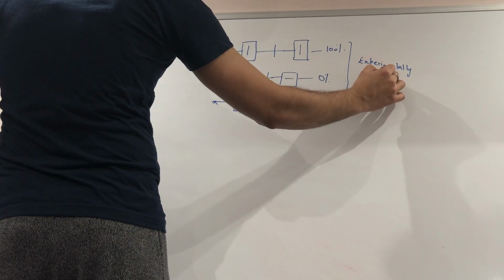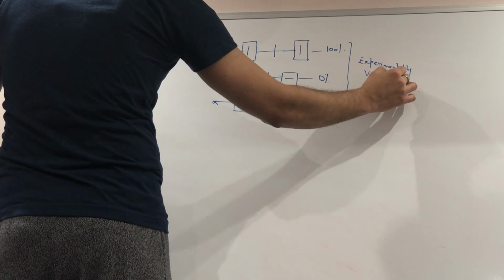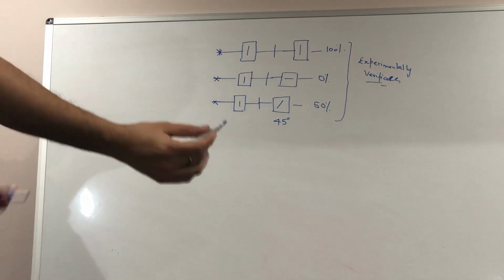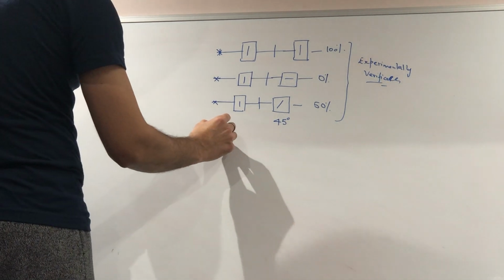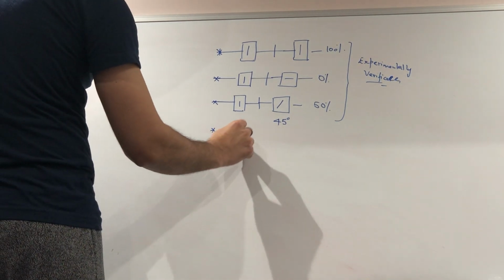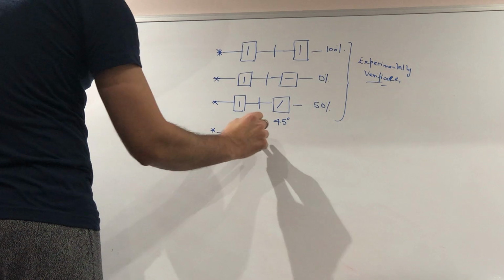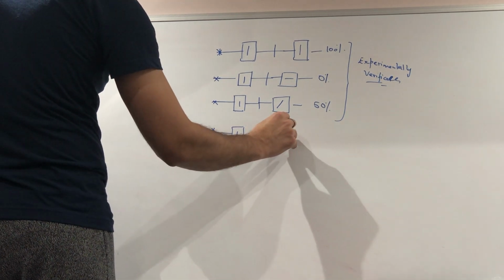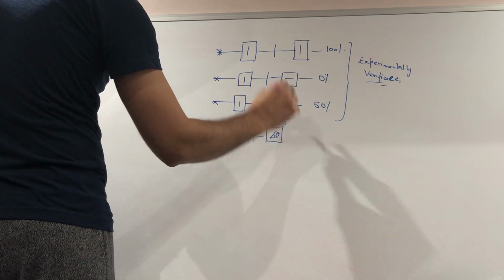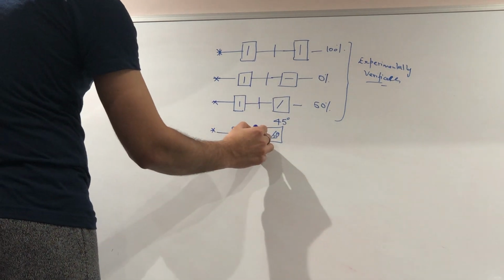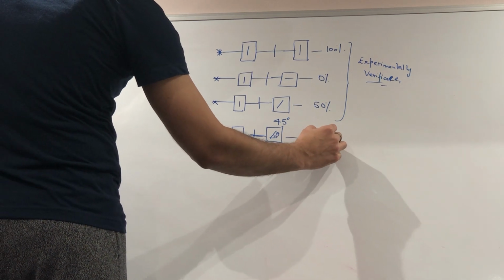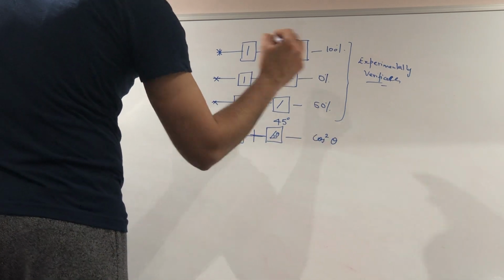There is nothing unofficial about it. They are experimentally verified. So in general, when we talk about the classical concepts, if I am passing this polarized light through a polarizer which is placed at angle theta with this vertical axis, I'll be getting the output which is proportional to cosine square theta.